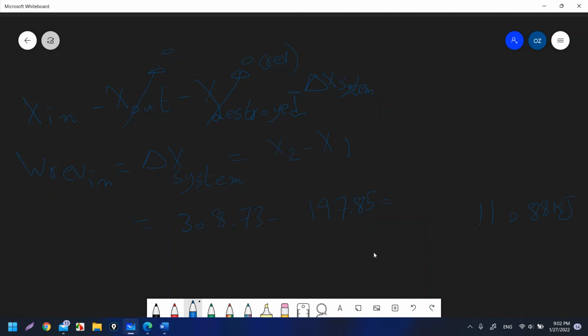If we want to find the X destroyed, the second part, part B, it will be equal to the irreversibility, and equal to work useful in minus work reversible in.